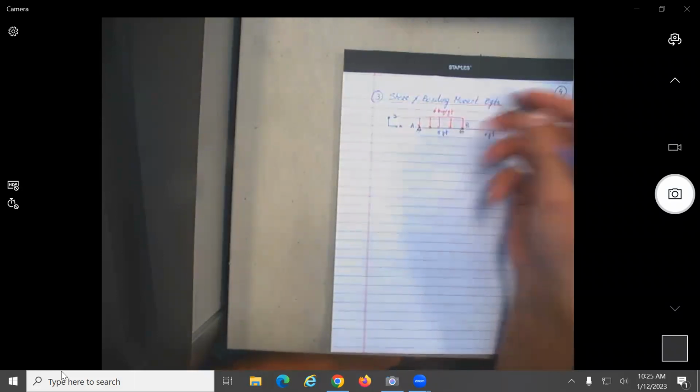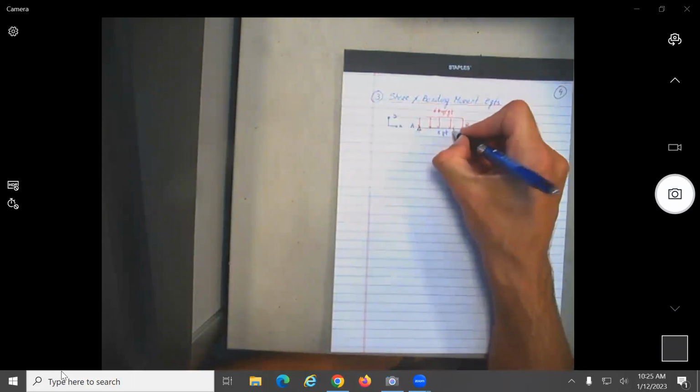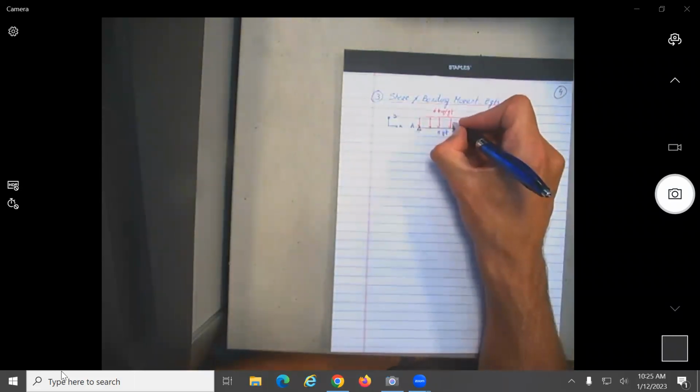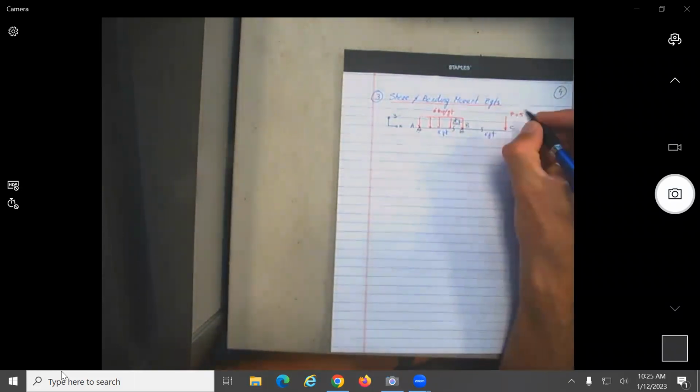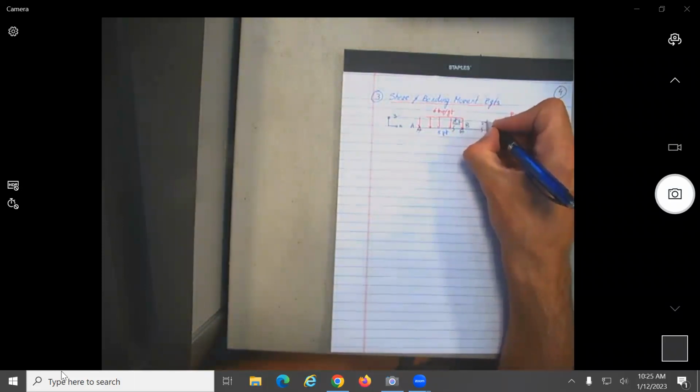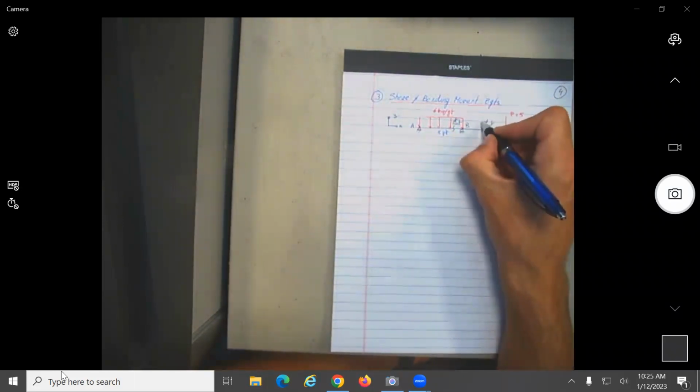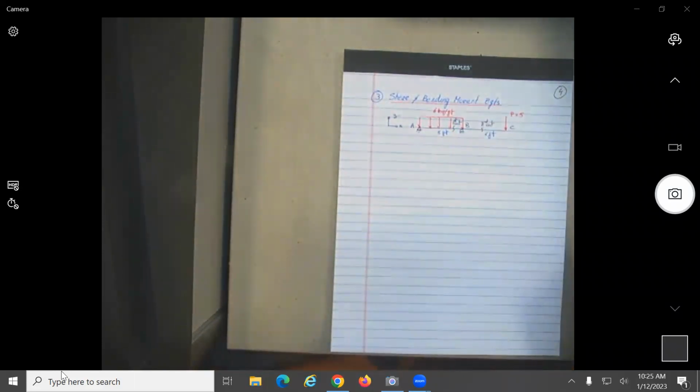So you need a cut. I'm going to make it in here, but you can do it anywhere, okay? So first cut, then we pass point B, and then there will be another discontinuity somewhere between B and C.